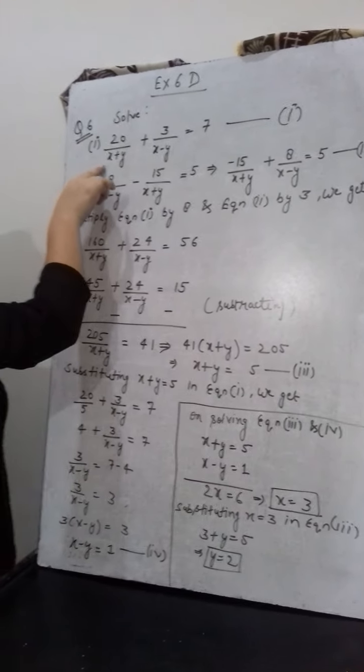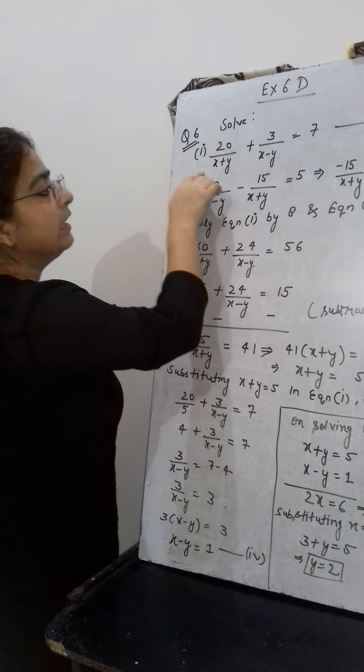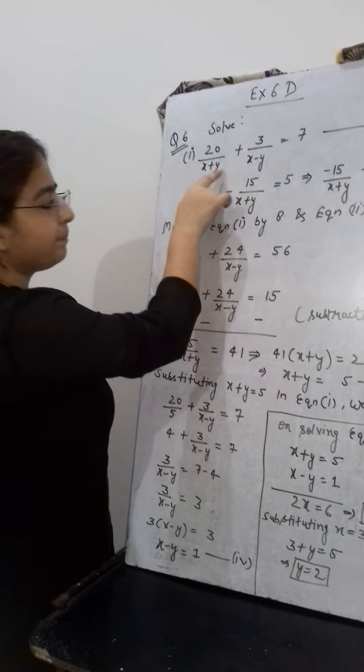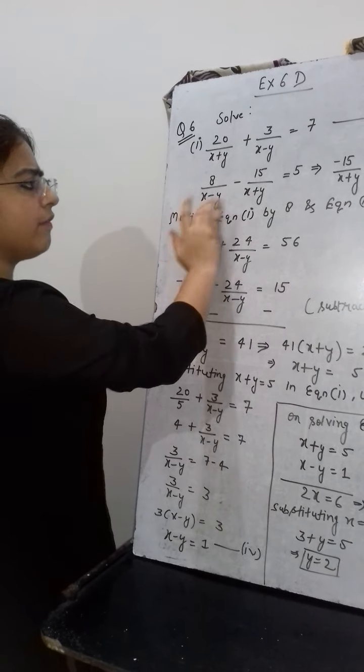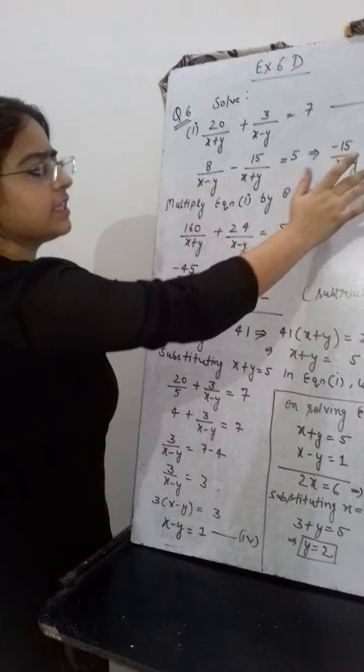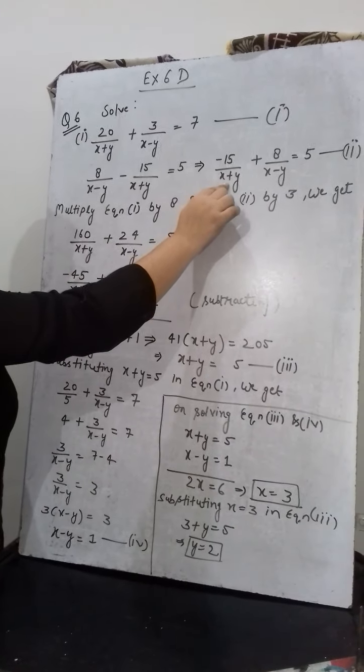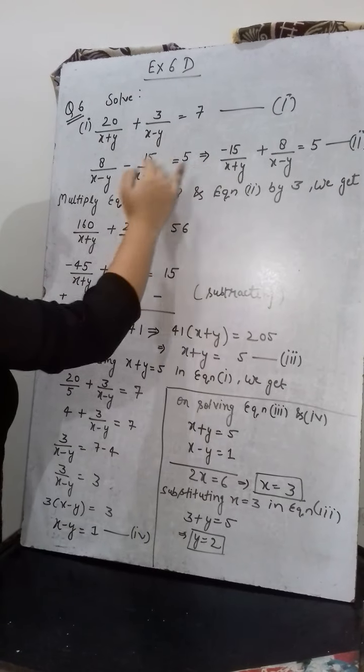So here you can see in the first equation the term which contains x plus y in the denominator is written first. So we will also write the second equation in the same way, so that the term which contains x plus y as the denominator is taken first.